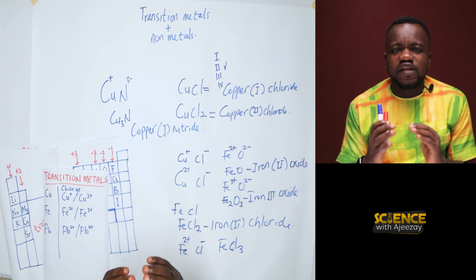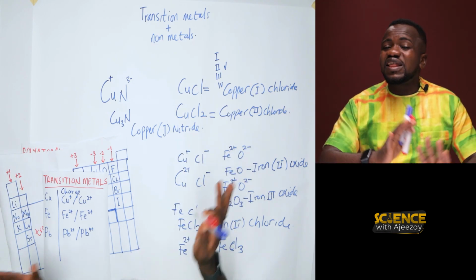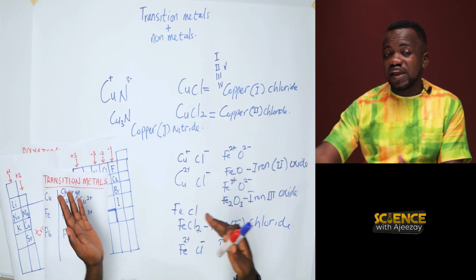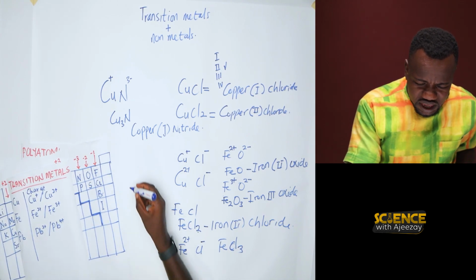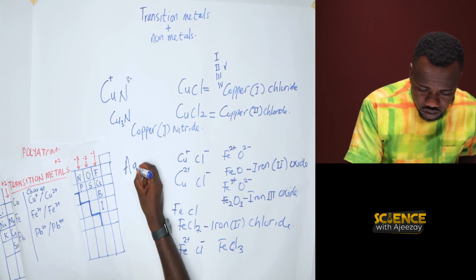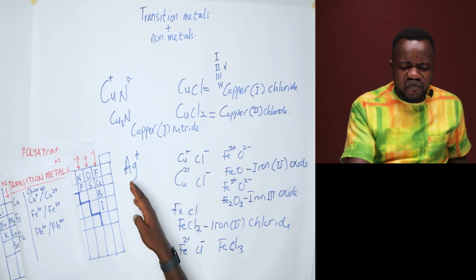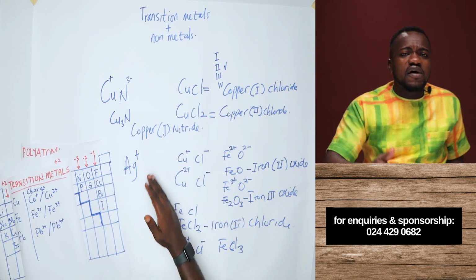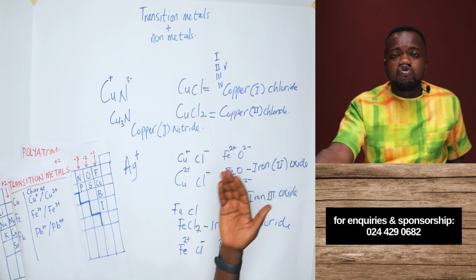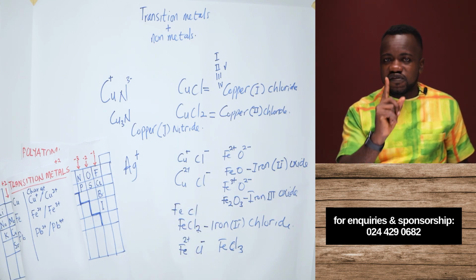So pay attention. There are some transition metals that do not show variable charges. One of them is silver. Silver is Ag, and silver is Ag+. So once you have silver and any other non-metal, you don't have to show the Roman numeral, because we know that it only has a single charge.